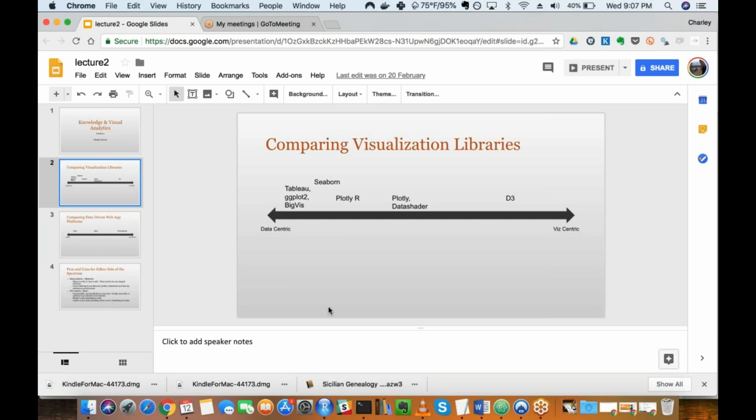So far you've used ggplot and Plotly for Python. Actually, Plotly for R is a bit more similar to ggplot because the R developer wanted it to map more closely to ggplot. But Plotly itself, in JavaScript or Python, is a bit more towards the middle.